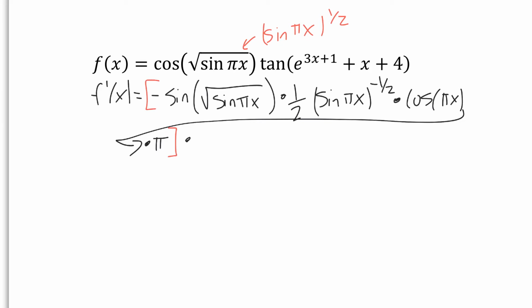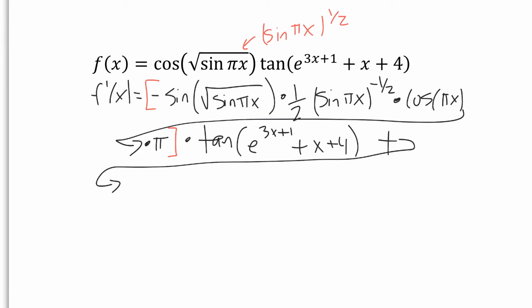Multiply by, leave that second term alone, tan e to the 3x plus 1 plus x plus 4 plus. Let's go ahead and do the derivative of the second term. Of course, leave that first term alone. Cos root sine pi x times, and I'm just going to start this on the next line here.